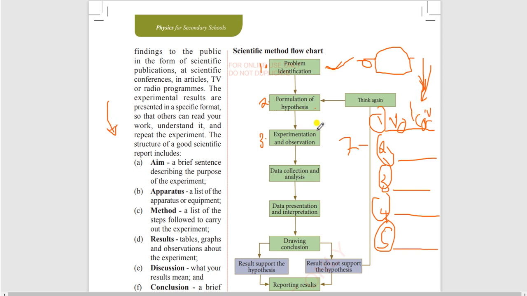Tukikutana navyo, tumefanya experimentation. Baada ya kuchukua udongo tumeenda nao laboratory, na laboratory tunajua it is a special room designed for conducting experiment, scientific observation. So that is the experimentation. Au unaweza usifanye experimentation ukafanya observation tu.